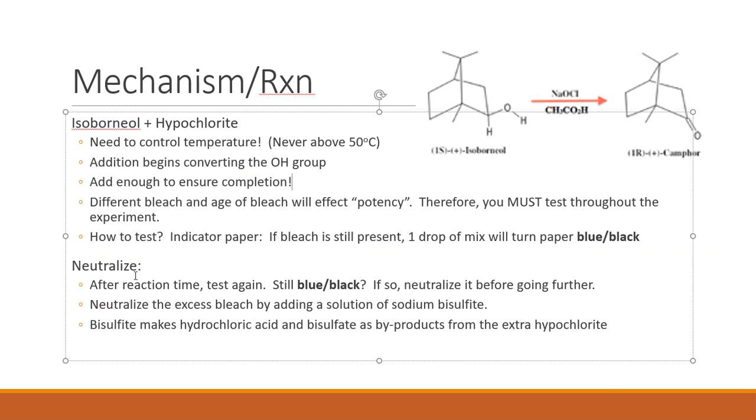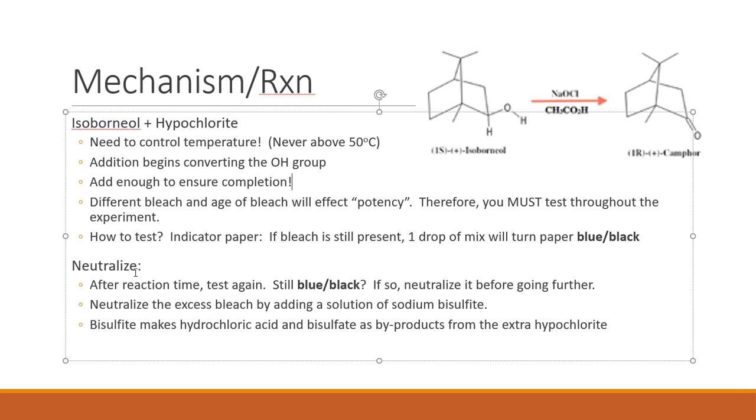So neutralization. After the reaction time, when you know good and well that there's no more isoborneol left in the flask because you've let it stir as long as the lab has told you to, you're going to check the pH or the KI paper one more time. You'll put another drop on it.